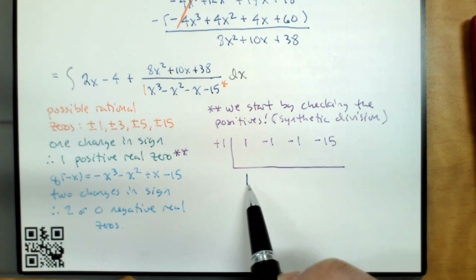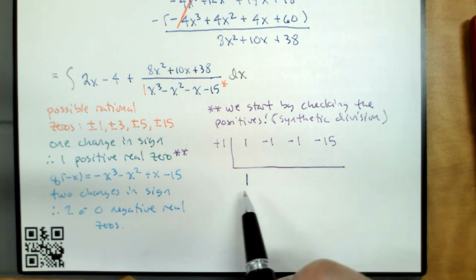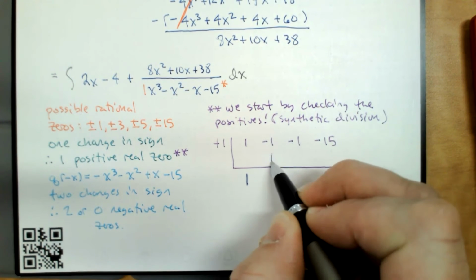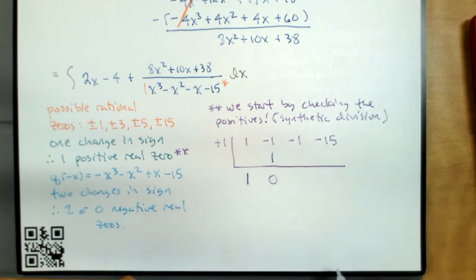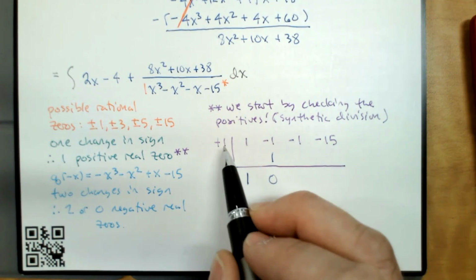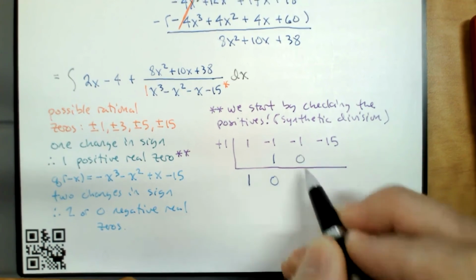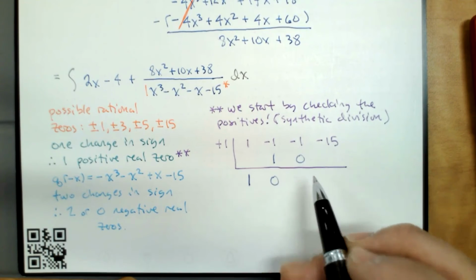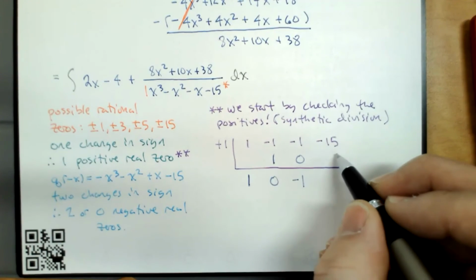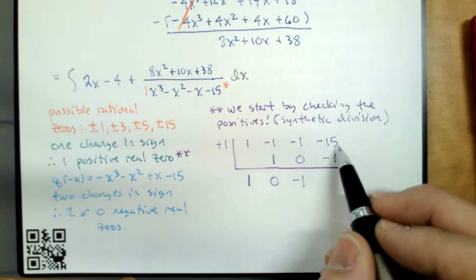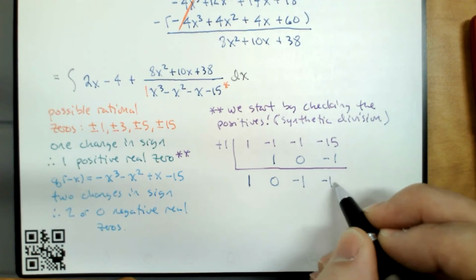When a number shows up down here, we multiply it by the number we're checking. 1 times 1 is 1. And then we add. -1 plus 1 is 0. 1 times 0 is 0. -1 and 0 is -1. 1 times -1 is -1. -15 minus 1 is -16.